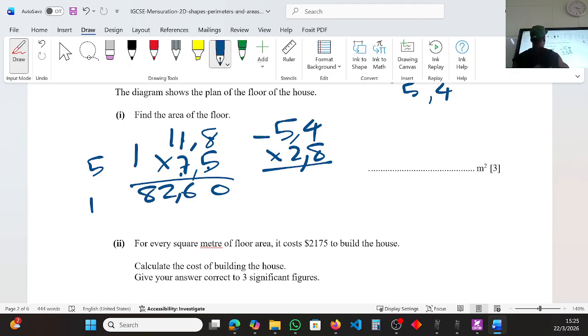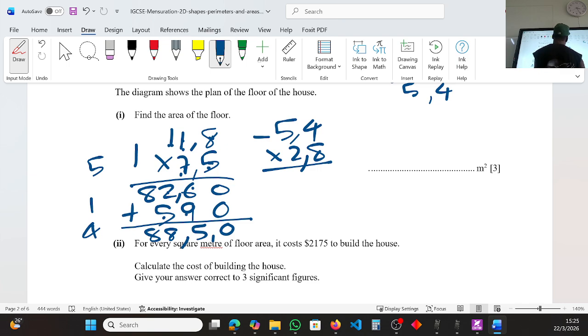Next, we are now multiplying by 5, 5 times 8 to give us 40, carry 4. 5 times 1 is 5 plus 4 we carry is 9. Then we add, so the actual result is 88.5.